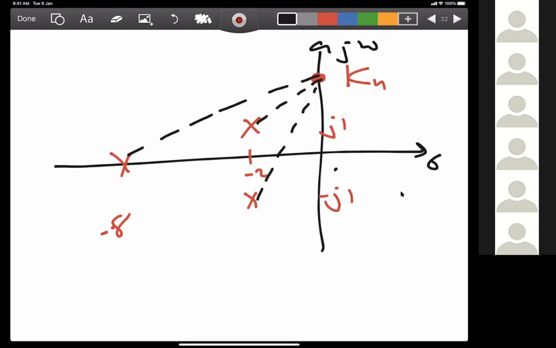So KU, the gain, KU is L1, L2, L3. So you can name it L1, L2, and L3.